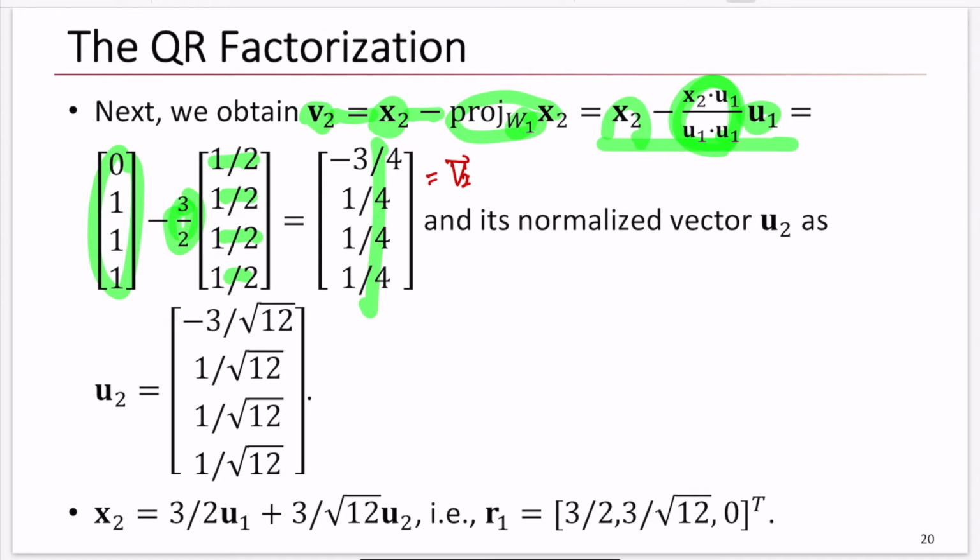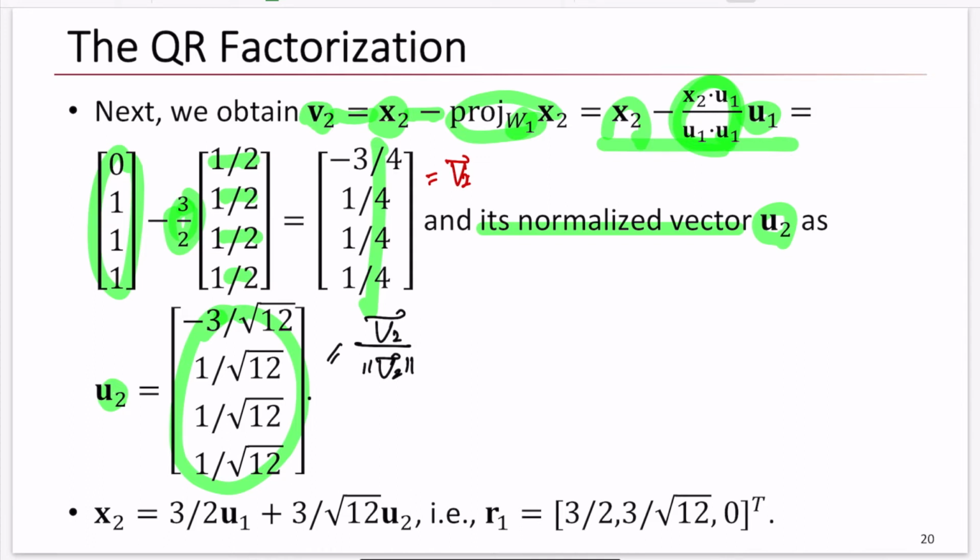Then its normalized vector u2 can be obtained by normalizing v2, that is, v2 over the length of v2. Then it looks like this. You can easily do that.